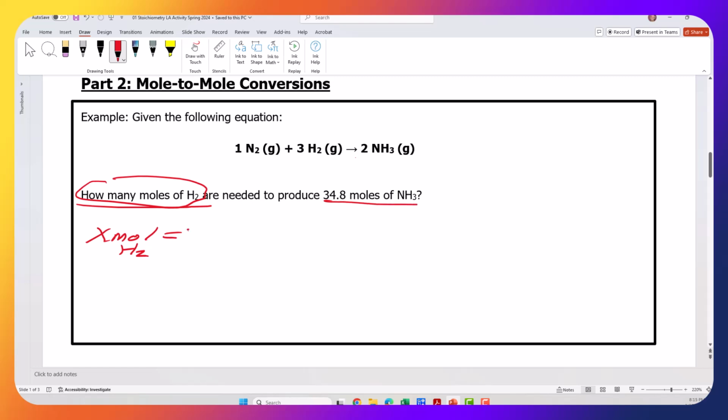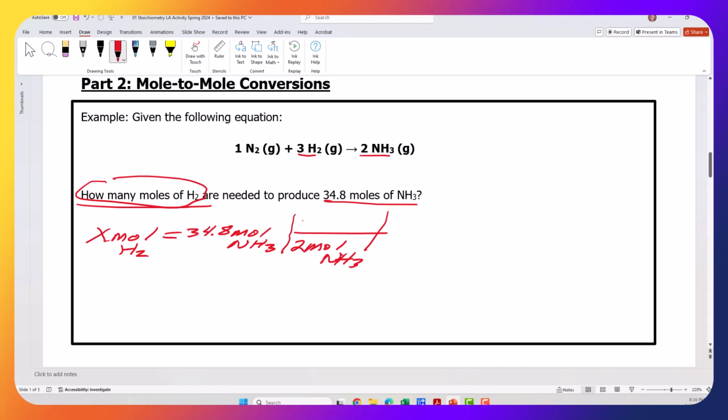Okay, and so this will be 34.8 moles of NH3. And we're just going to use those mole-to-mole ratios or relationships or equalities that we talked about before. And we are relating moles of H2 to moles of ammonia. We want moles of ammonia to go away, so they go down here in the denominator. Anything you want to go away goes in the denominator, my bad.